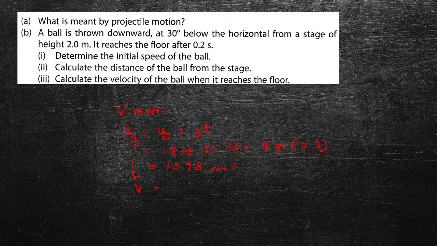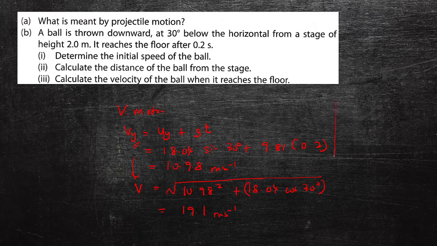For getting v, the velocity of the ball, this is vy and we want to find v. So by the Pythagoras theorem, the square root of 10.98 squared plus 18.04 cos 30 degrees squared, and we have v equals 19.1 meter per second.